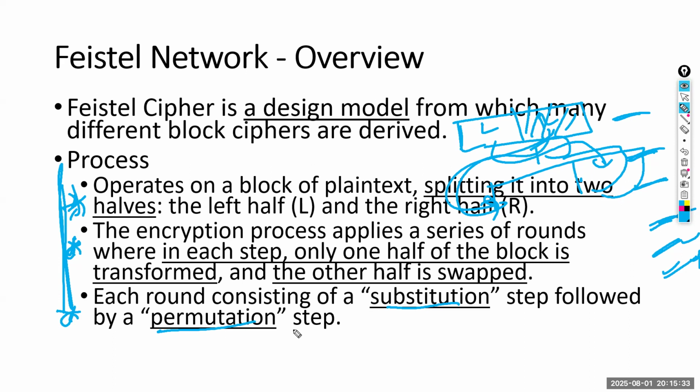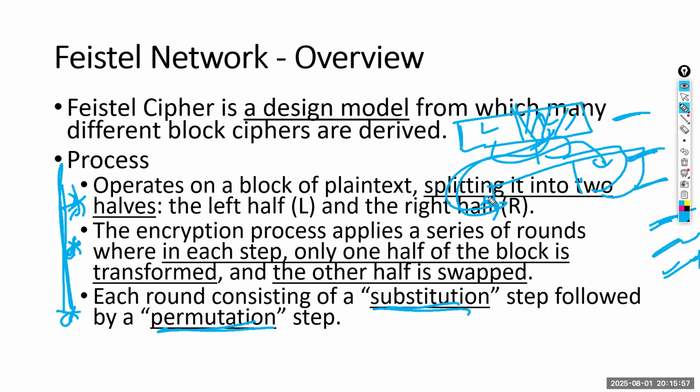There's no permutation and also no key, and it's a character by character substitution, right? A lot of weaknesses, right? But if you use Feistel network, it uses both substitution and permutation. So you break it into two halves.